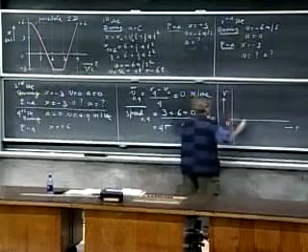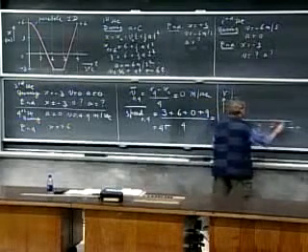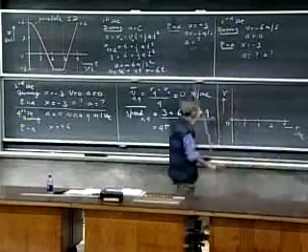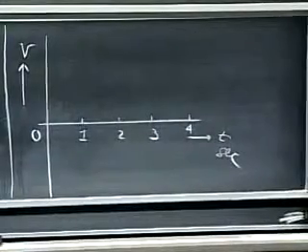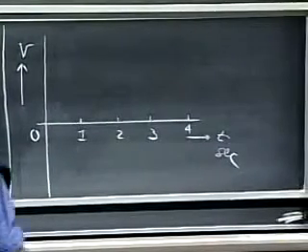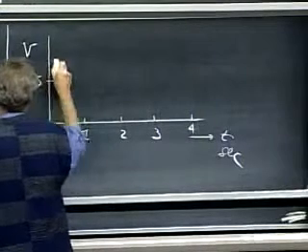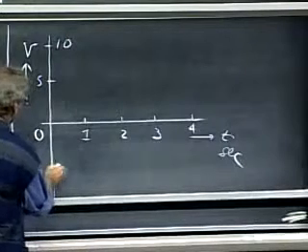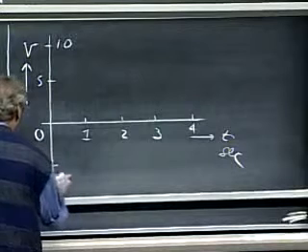This is 0. 1 second, 2 seconds, 3 seconds, 4 seconds. And this velocity is in meters per second. I go up here to plus 10, and here is minus 5, here is minus 6.